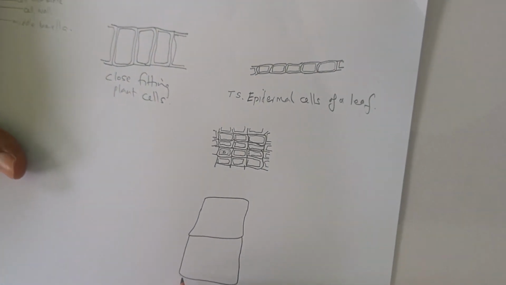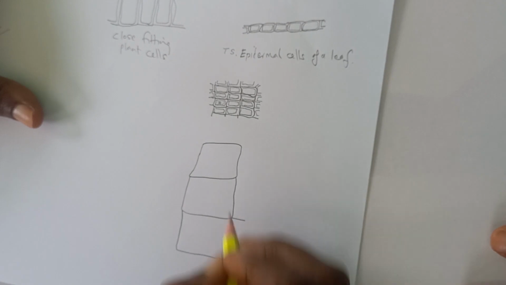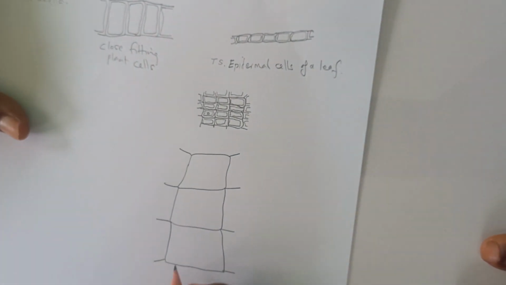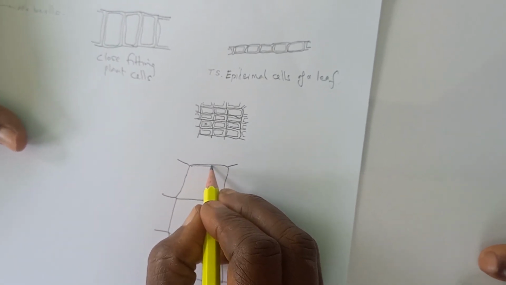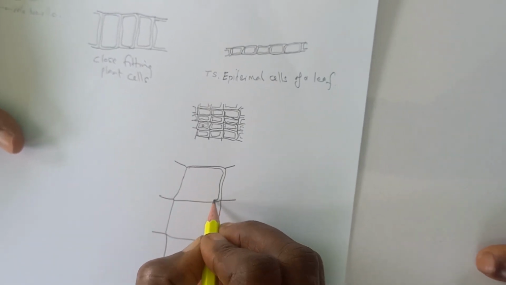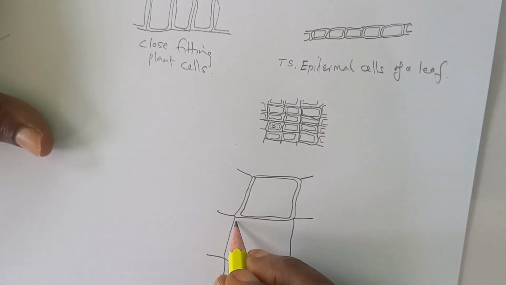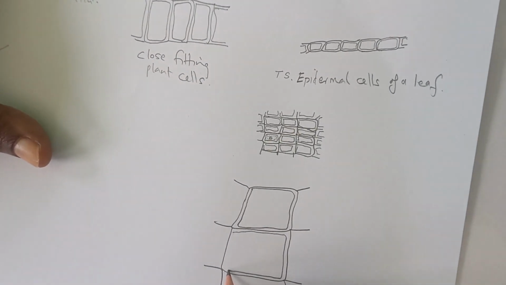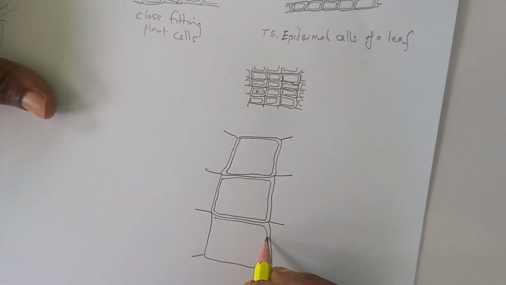Always the outer wall first, and there are other cells around, so they are in. If the cells that I'm drawing showed nucleus and vacuoles, I would put them in, but they are not evident in the micrographs that I am using.